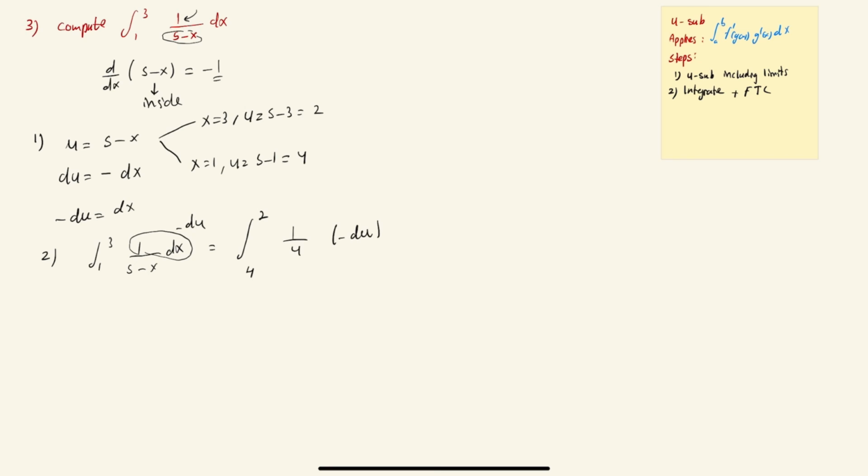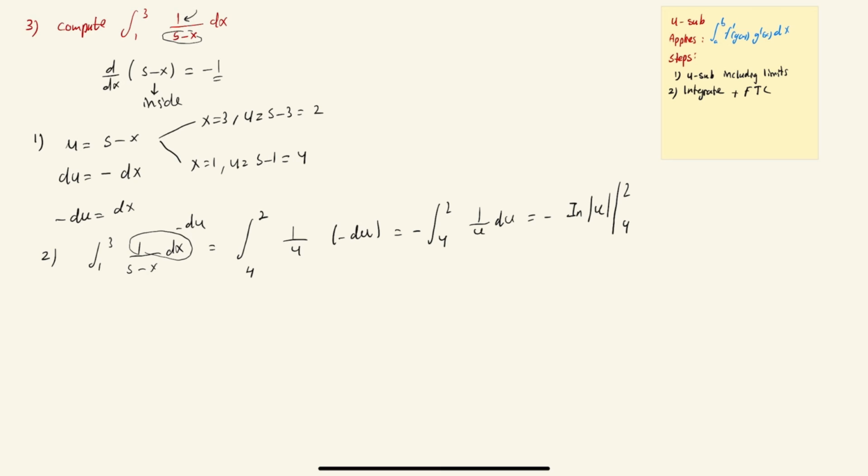Now this is a way simpler integrand. I'm going to pull the minus sign out of the integral. Now let's integrate and use the fundamental theorem of calculus. This is going to be equal to minus the natural log of u, evaluated at the limits of the integral.